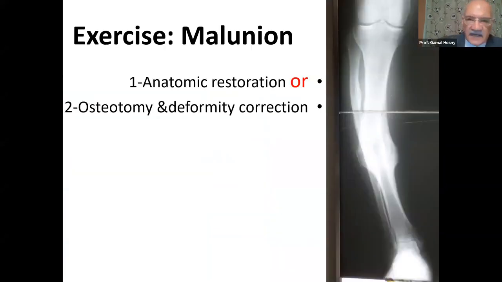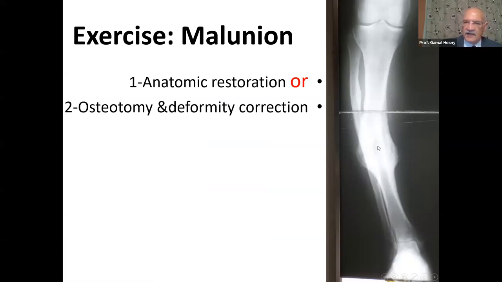Another exercise, we have a case of malunion. This is malunion, and we have this deformity, C-shaped deformity. We have 2 options. Either we do an osteotomy at exactly the same site of the fracture, or we do osteotomy and deformity correction.